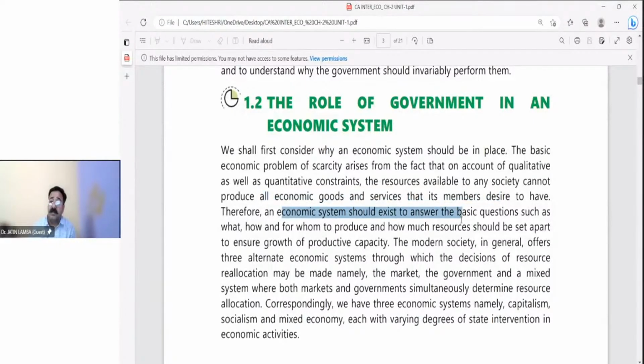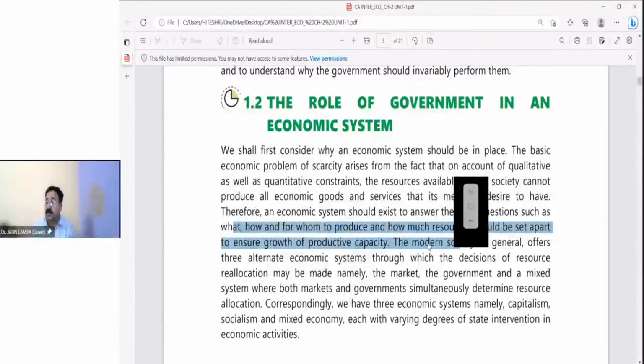Therefore, an economic system should exist to answer the basic questions such as what, how, and for whom to produce. And now, what is the meaning of economic system? The economic system means socialist economy, capitalist economy, or mixed economy, right? Please note it down. They are mentioning the economic system here for whether the economy should adopt a socialist economy where all the resources are under the control of the government, right?